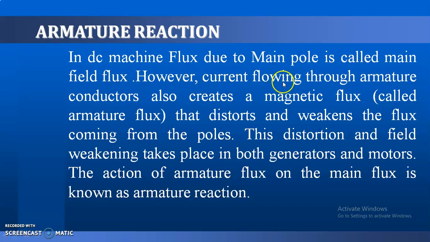However, the current flowing through the armature conductor also creates a magnetic flux, the armature flux, that distorts or weakens the main flux. This distortion and weakening take place in both generator and motor. This action is the armature reaction.